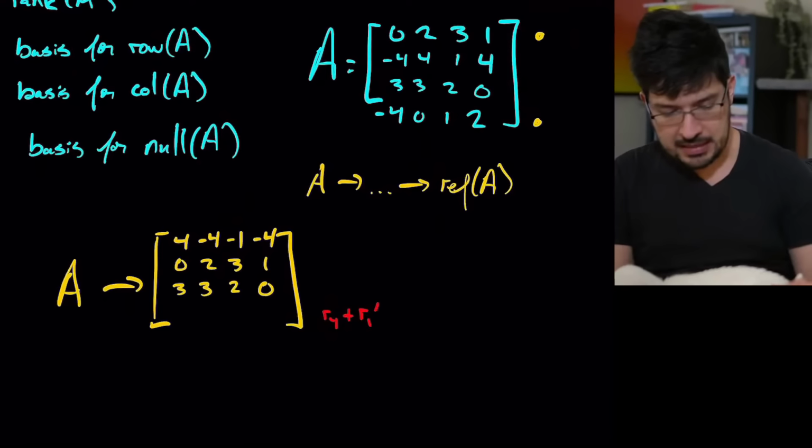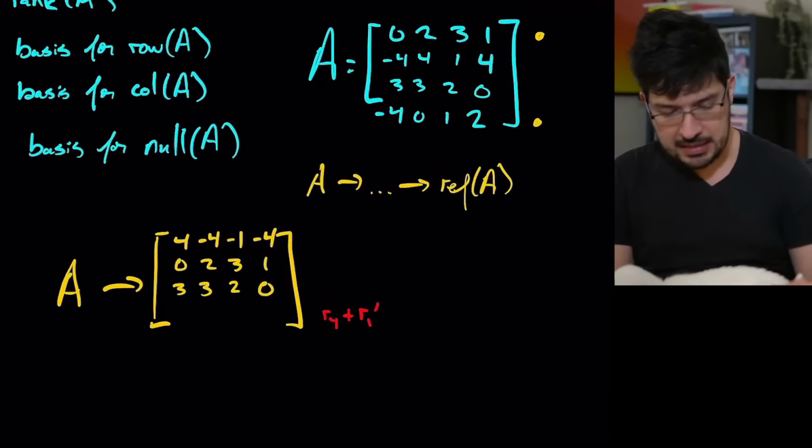So looking at those two together, we've got 4 plus -4 plus 0, and then -1 plus 1, and -4 plus 2. Okay.